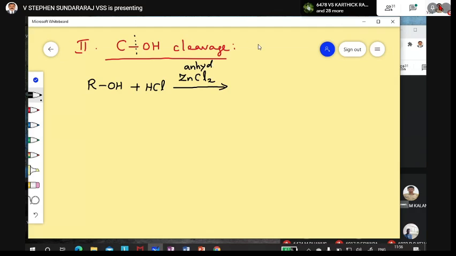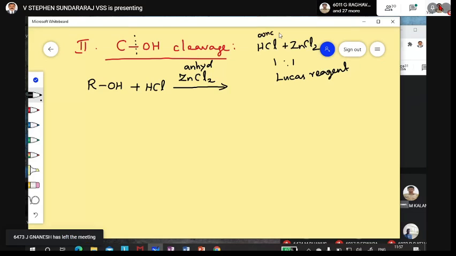This HCl plus anhydrous zinc chloride in 1:1 ratio is called Lucas reagent. The name will be there in the textbook, but the ratio may not be there. If it is acid, generally it is concentrated acid. Sometimes you can even take HCl gas and zinc chloride. Sometimes only without zinc; that point I will tell you at the bottom.